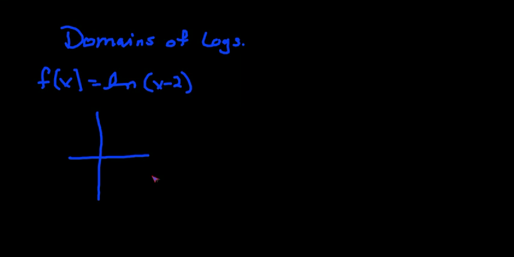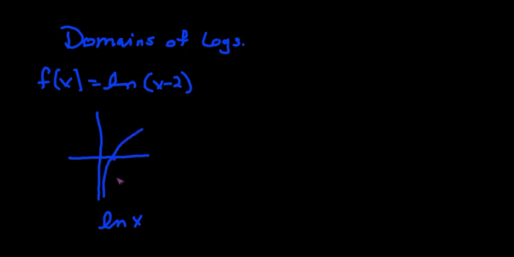So if we were going to just go with, since we were just talking about natural logs, let's do one of those. So if f of x equals natural log of x minus 2. Well, when we drew our regular logarithm, if I was just doing natural log of x, remember it's going to take on generally a shape like this.